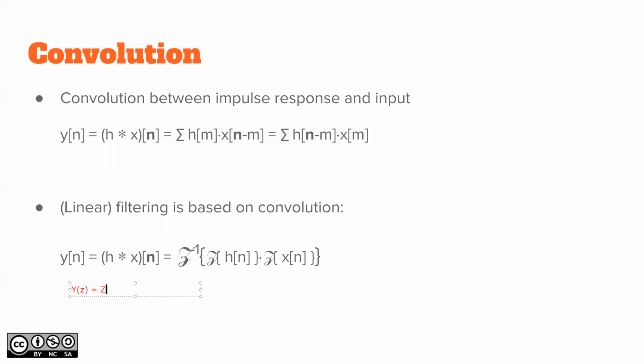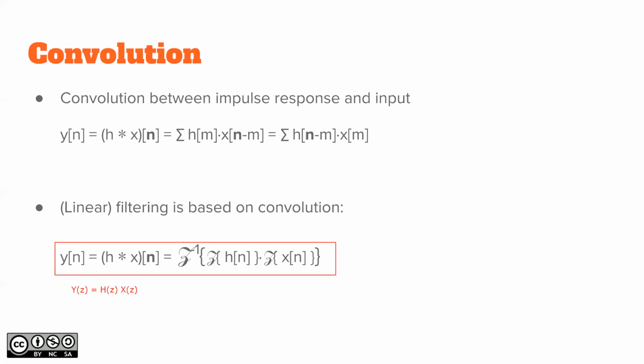Z transform of system times Z transform of input. So actually, linear filtering is based on convolution. So this is how you do it in the frequency domain.